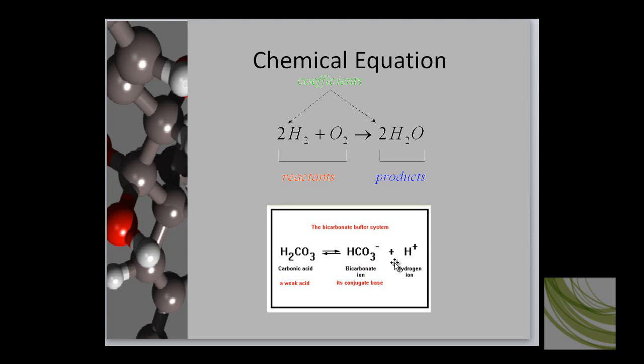The more hydrogen ions you've got, the more acidic the solution. Okay? Now, if the blood gets too acidic, these extra hydrogen ions can be bound to a bicarbonate ion to make this carbonic acid. Carbonic acid is a very weak acid. A hydrogen ion is a very strong acid. Okay?